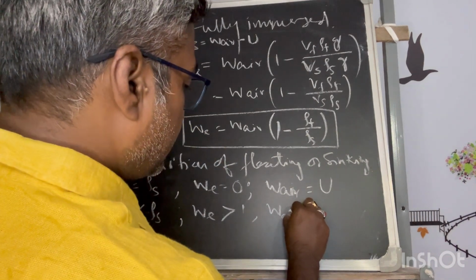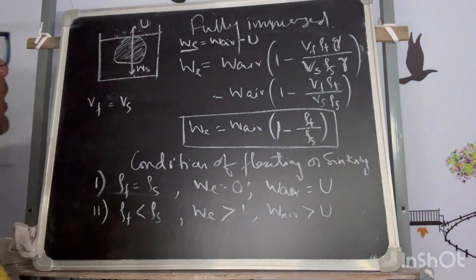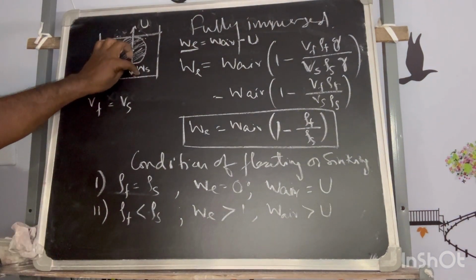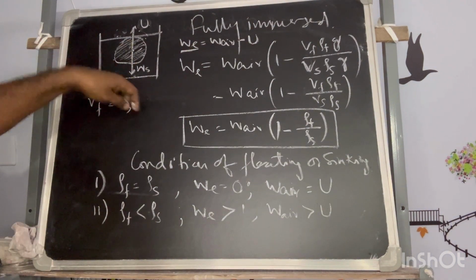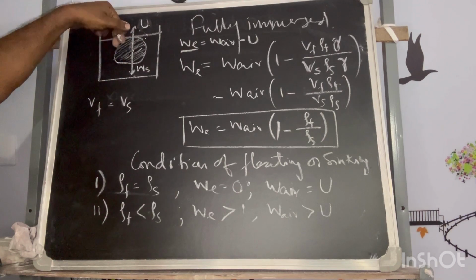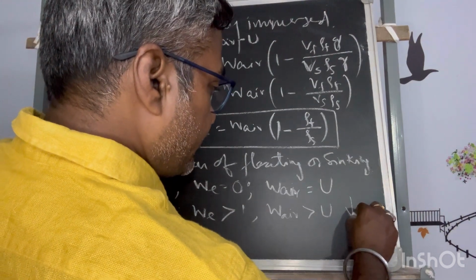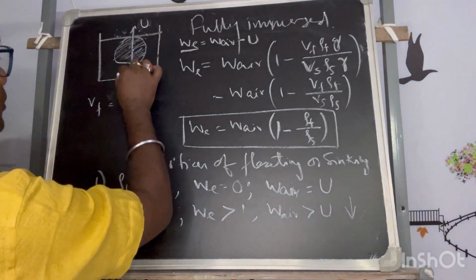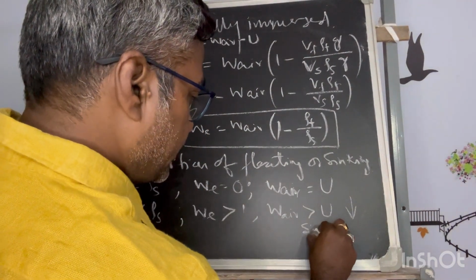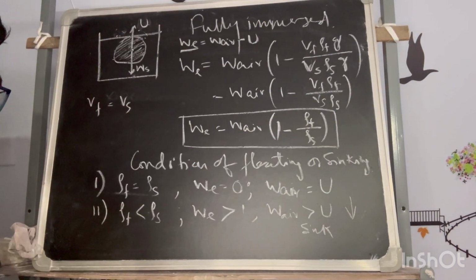That means W air will be more than upthrust. So the force acting downward is more than the force upward. There is an imbalance of force downward, so the body will try to come down. So this is the condition of sink.